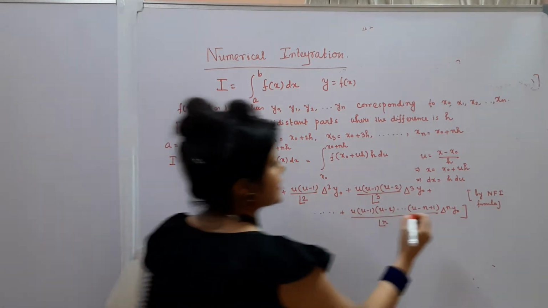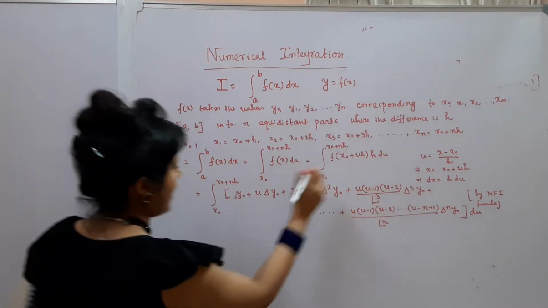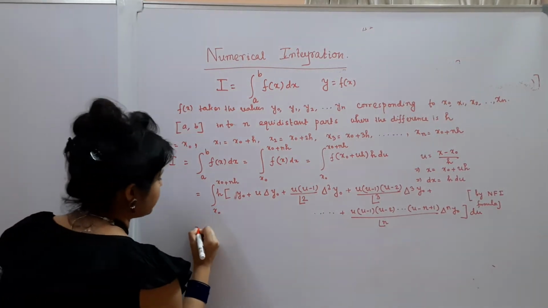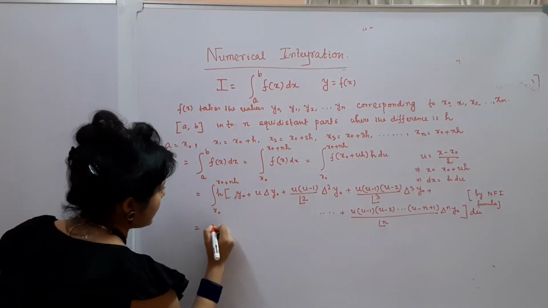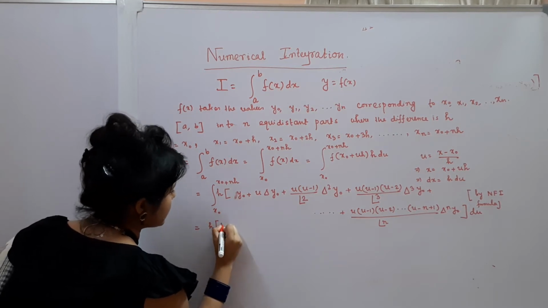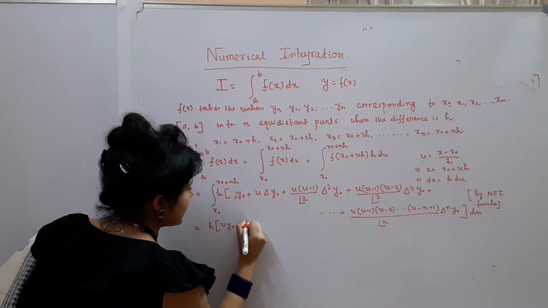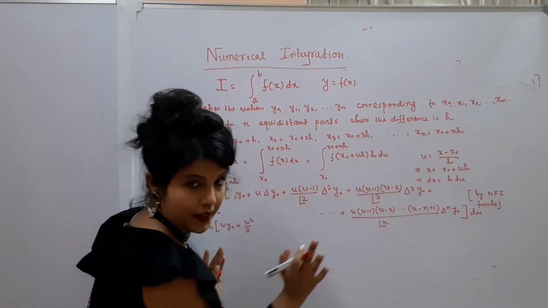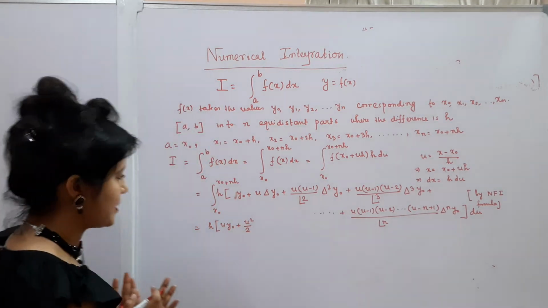Now, this is du obviously, and the constant term is h. Okay. So now you can integrate it. So h into, that is u y0, that is u square by 2, that is I am integrating u with respect to du, and all the other terms are constant here. Okay.